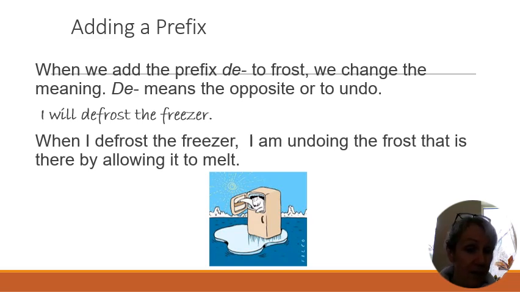When I defrost the freezer, I'm undoing the frost that is there by allowing it to melt. I am doing the exact opposite as I would be if I were frosting. So that little prefix, 2 letters at the beginning of the word root frost, changes the meaning entirely, doesn't it?